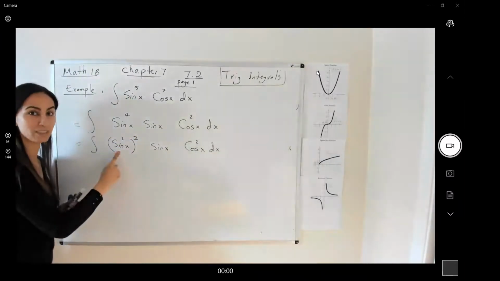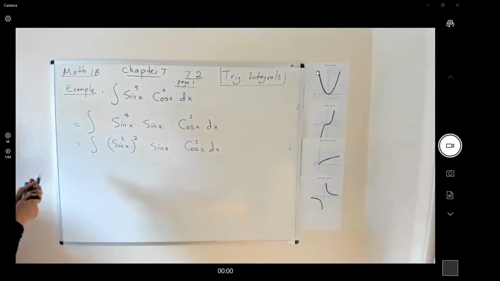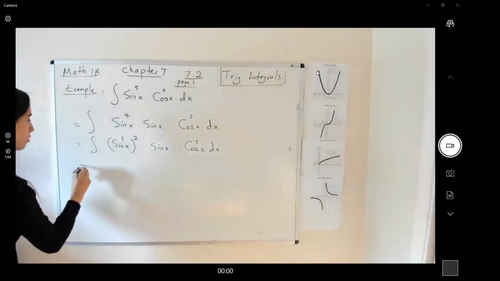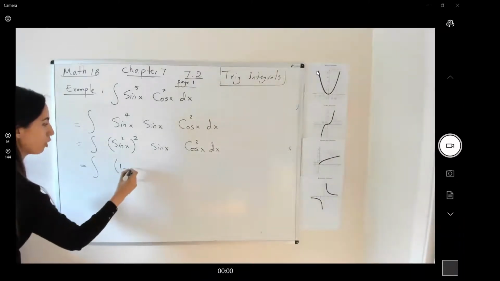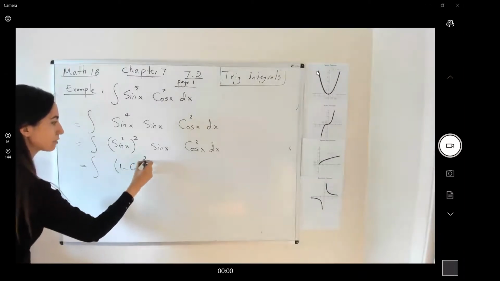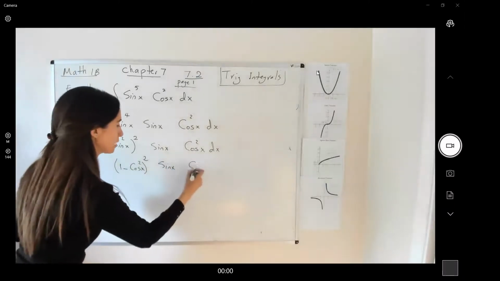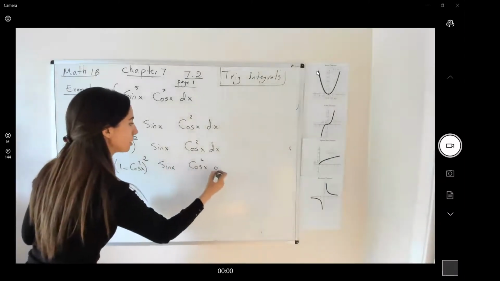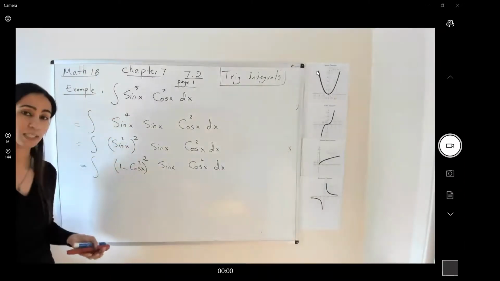Sine squared is 1 minus cosine squared. So this is equal to the integral. Inside parentheses, I have 1 minus cosine squared of x, raised to 2. I'm copying down my sine. I'm copying down my cosine squared dx. Very well. Your best guess?